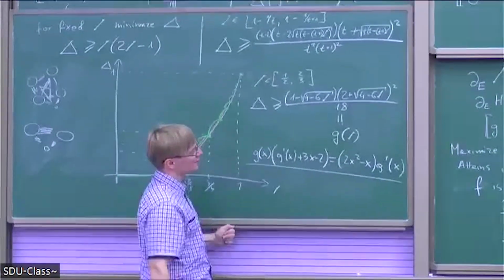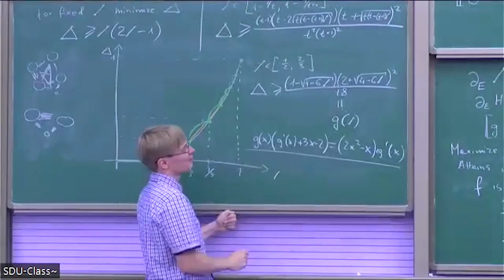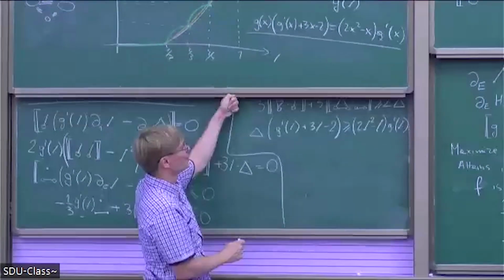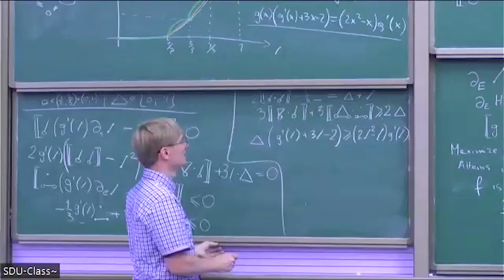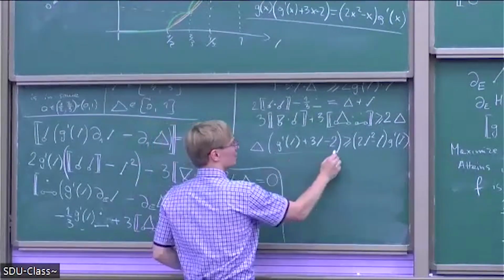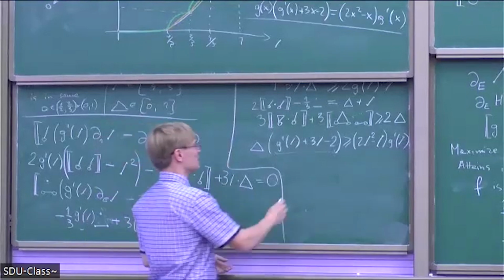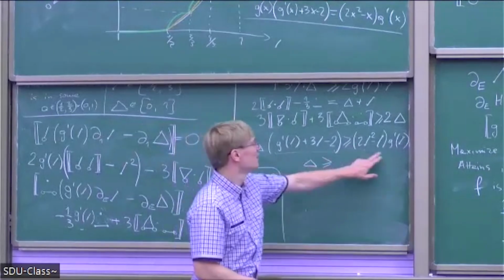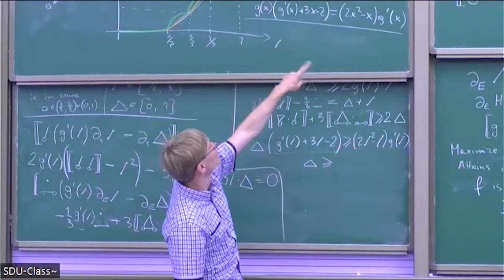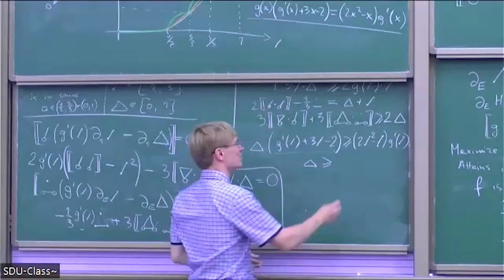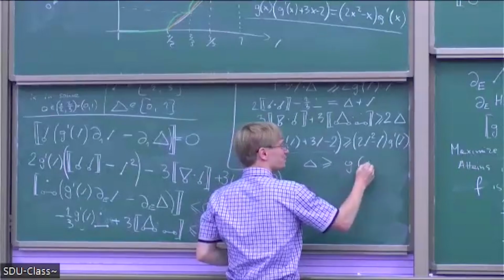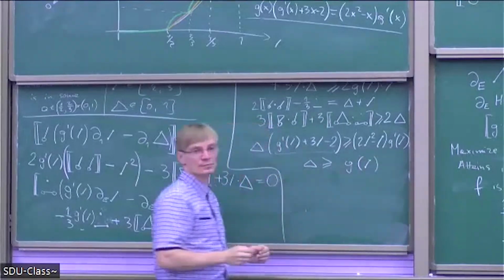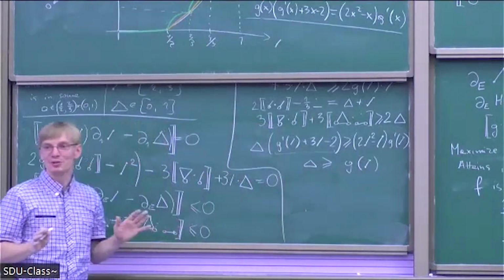And since the function satisfies this equation, it means that if I divide by this, I get exactly that the triangle density is at least this expression divided by this, which is exactly the value of the function. Yeah, so this is exactly what I want.